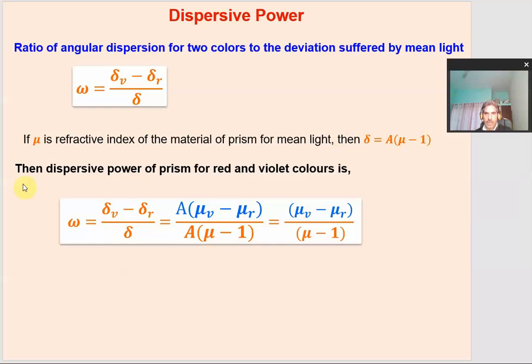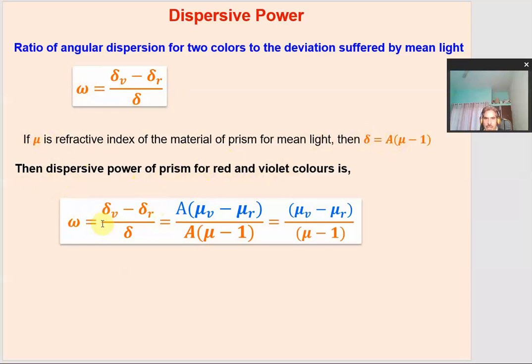Whenever we use all these notations and substitute here, we get the dispersive power of the prism for these two colors of the light, for example red and violet. If we take red and violet, then their mean color of light will be yellow color light, for which the refractive index is mu and deviation is given by this.